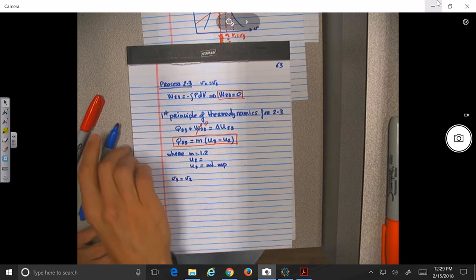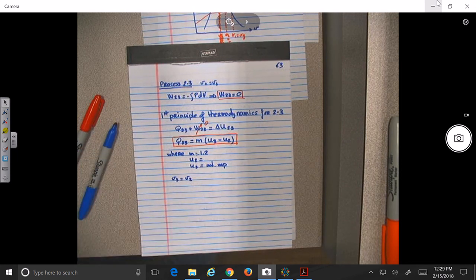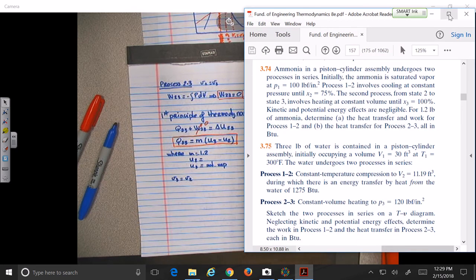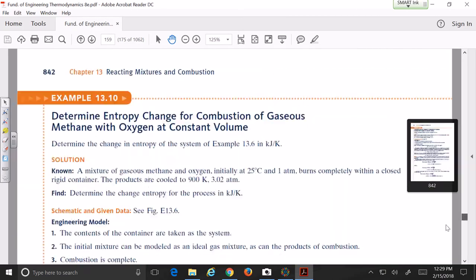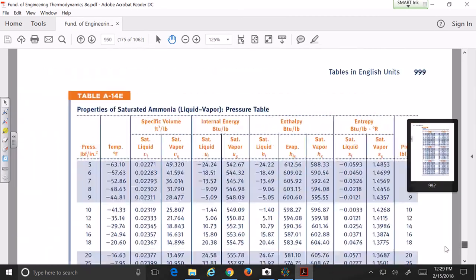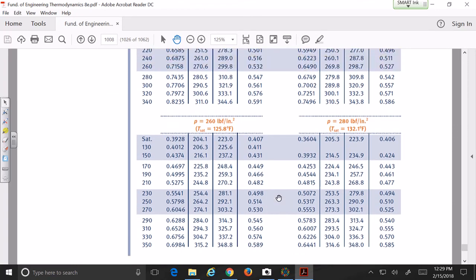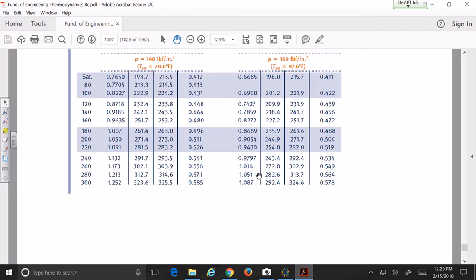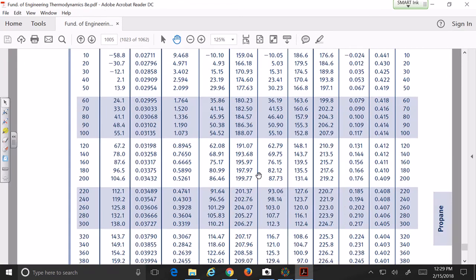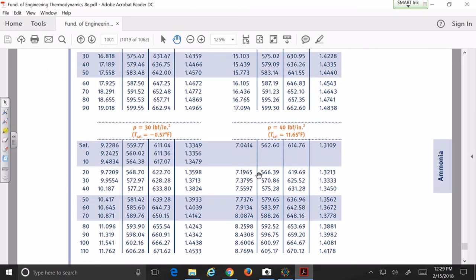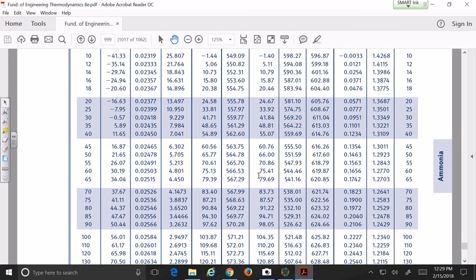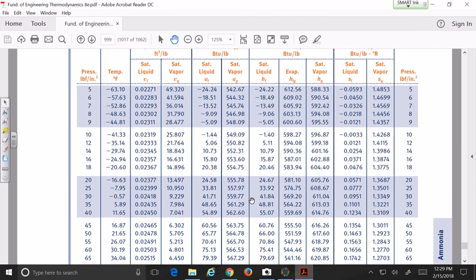Okay? So what you need to do is go to the tables. What were the tables? A14. So you can go, I don't know to which one, but let's see. Probably use A15, but let's say you use A14.